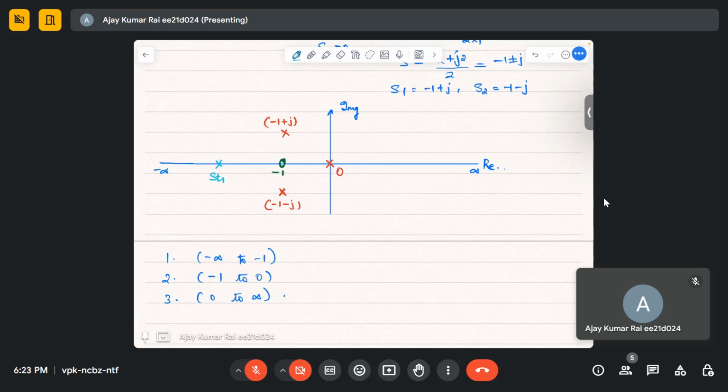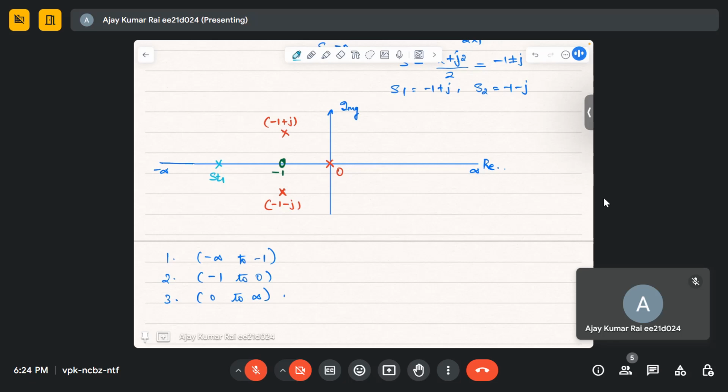We have to see to the right of this test point. To the right of this, don't consider the complex poles and zeros. In this case, we will not consider the two poles lying on the complex plane, that is minus 1 plus j and minus 1 minus j. Just consider the poles and zeros on the real axis.